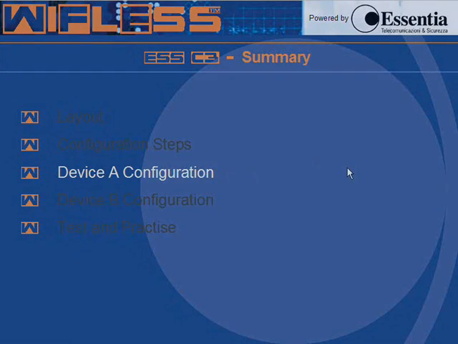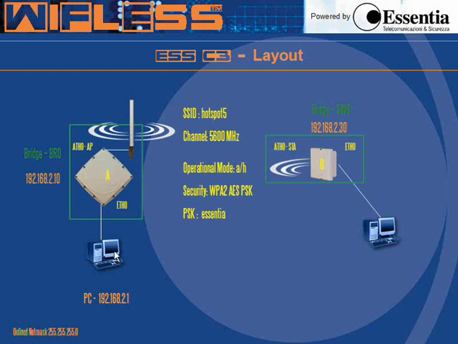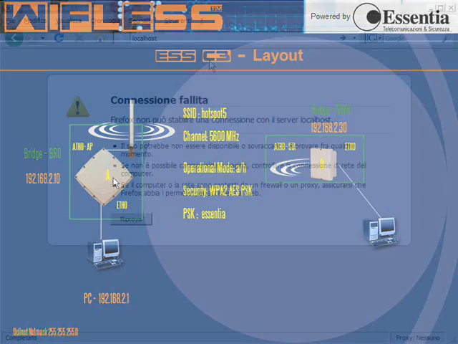Device A configuration. Now we are going to connect directly to the A device that we assume is at factory default. I connect my PC directly to the PoE connector that is connected to the Ethernet 0 of this device.